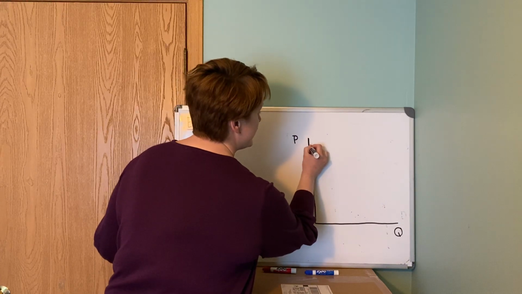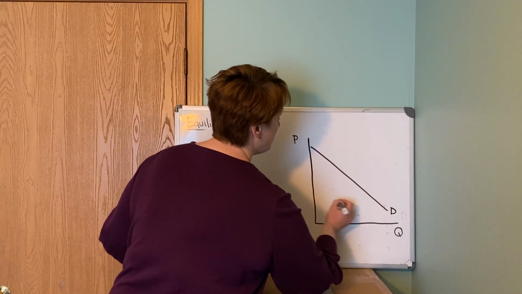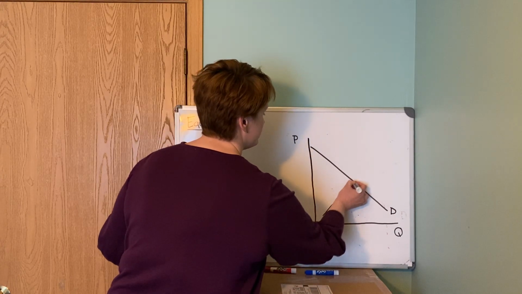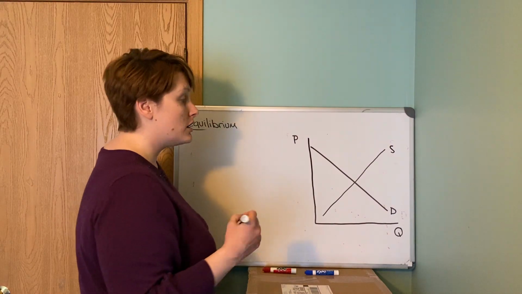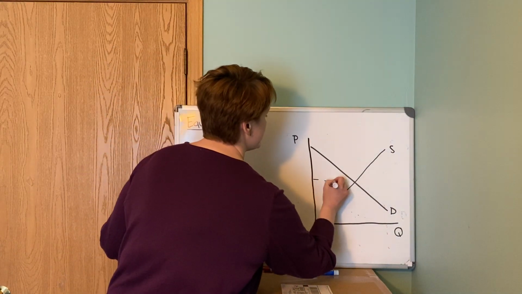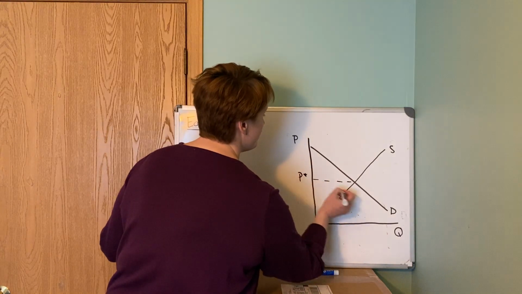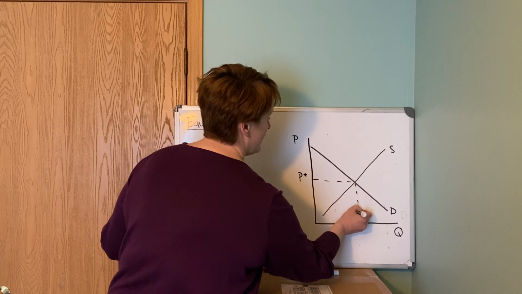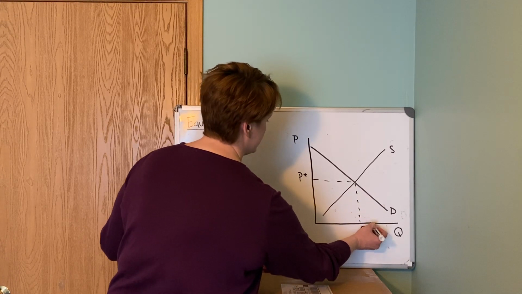We have a downward sloping demand curve, an upward sloping supply curve, which leads us towards our equilibrium where the two curves intersect. So we'll call this, again, P star for price in equilibrium, and Q star for quantity in equilibrium.